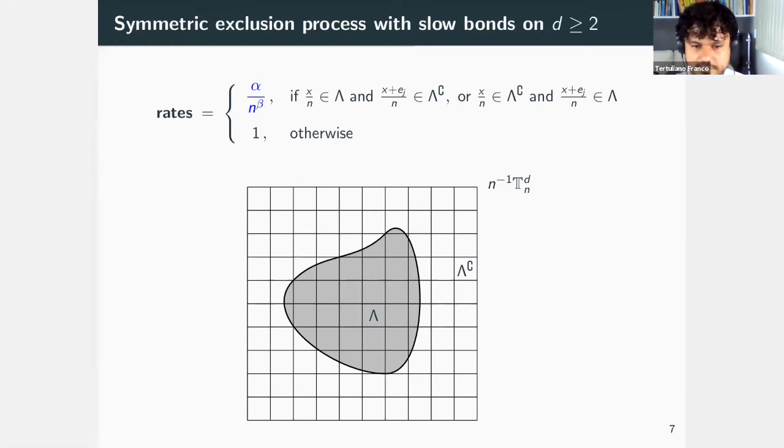For instance, this one is a slow bond. One vertex is inside the region and the other vertex is outside the region. As well as many others, all these bonds are slow bonds. So we have a kind of surface of slow bonds, a slow membrane.